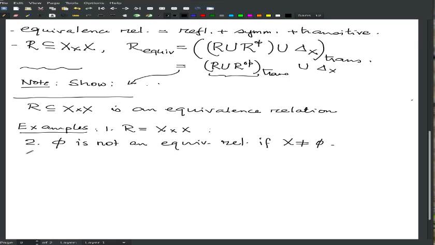But you have the diagonal, delta X. This is obviously an equivalence relation, and it is the smallest equivalence relation.